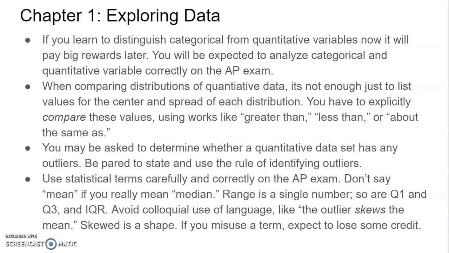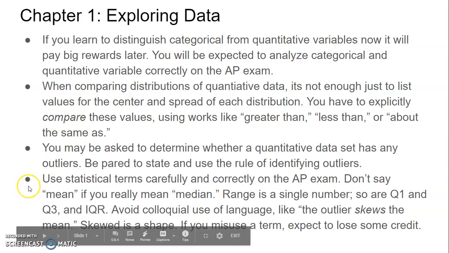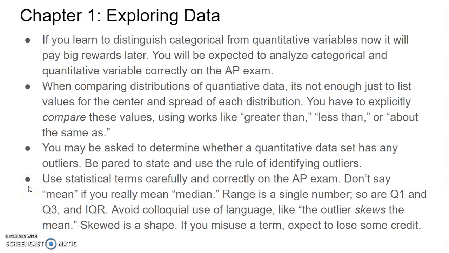In terms of outliers, you need to know that outlier rule, so go back to chapter 1 and look over it. And then the fourth bullet point: use statistical terms carefully. Don't say mean if you actually want the word median. Range is just the single number from high to low.